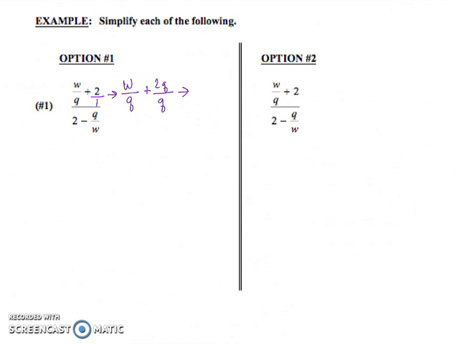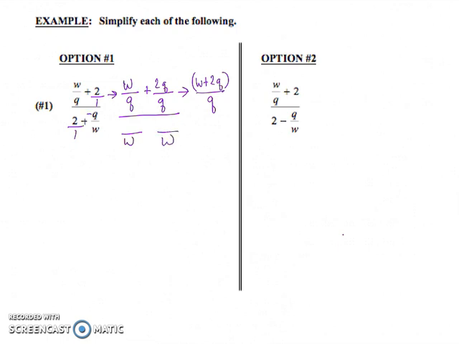So when I add these together, now that I have a common denominator, my numerator becomes w plus 2q, that's a family, over q. Now I have to do the same thing with the two fractions in my denominator. So again, I need a common denominator for 1 and w. I'm going to say w.